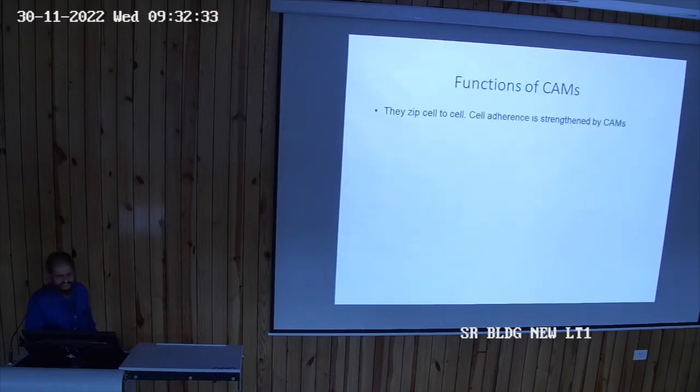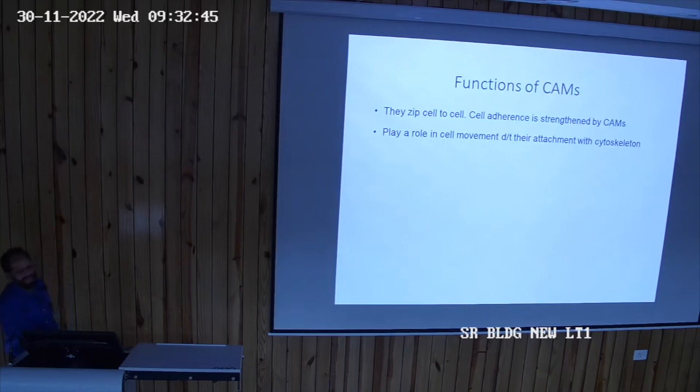And what are the functions? Obviously they are connecting cell to cell. The cell is strengthened. Cell का strengthening करते हैं. They also play a role in cell movement due to the attachment of cytoskeleton. क्योंकि अंदर में क्या है, cytoskeleton से attached है. Like actin filament. Actin filament is involved in movement, isn't it?